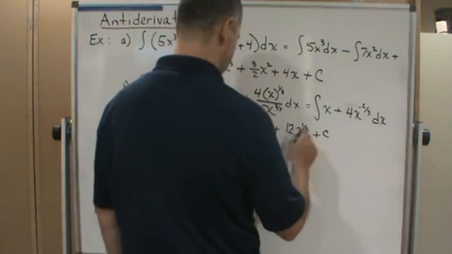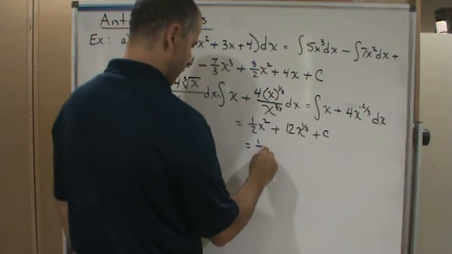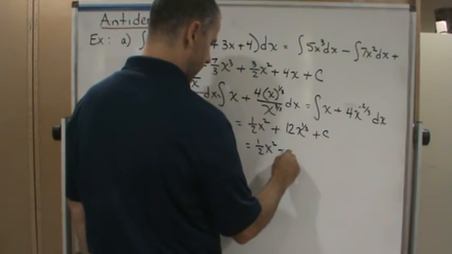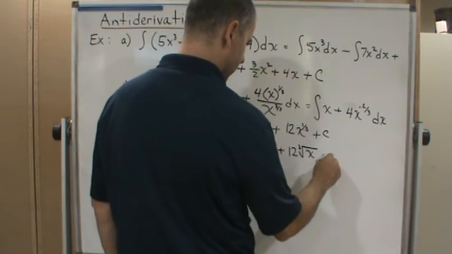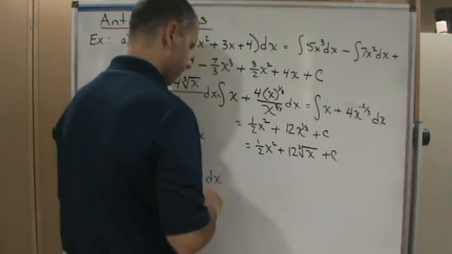So my final answer would be 1/2 x squared plus 12 times the cube root of x plus c.